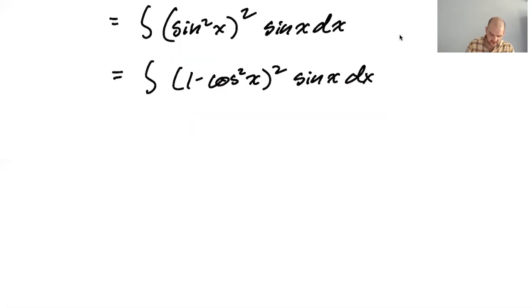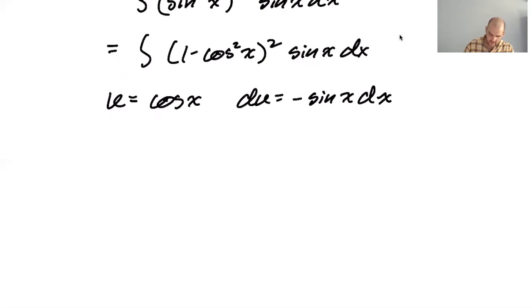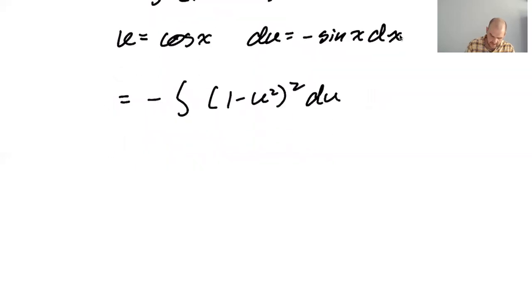Now I think it's better to make the substitution. So u is cosine, du is negative sine dx. So negative integral quantity 1 minus u squared squared du. Here we go, negative integral.